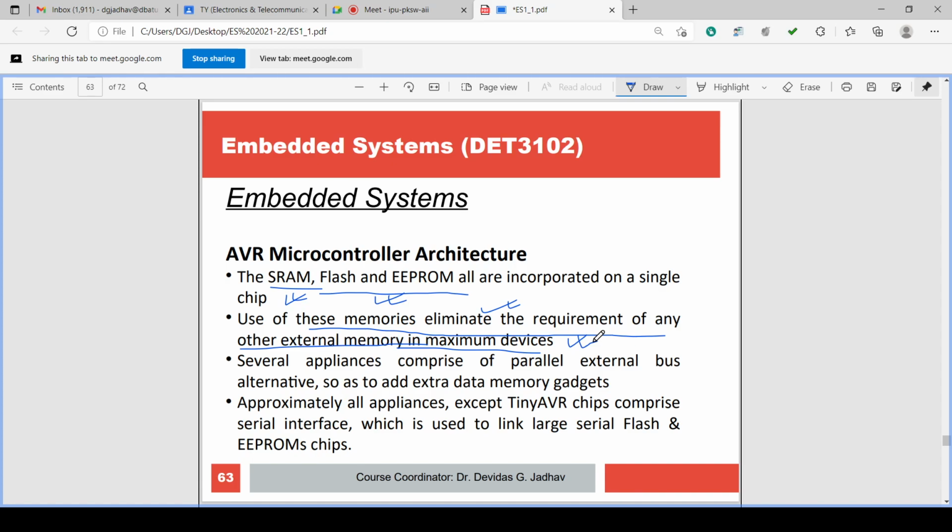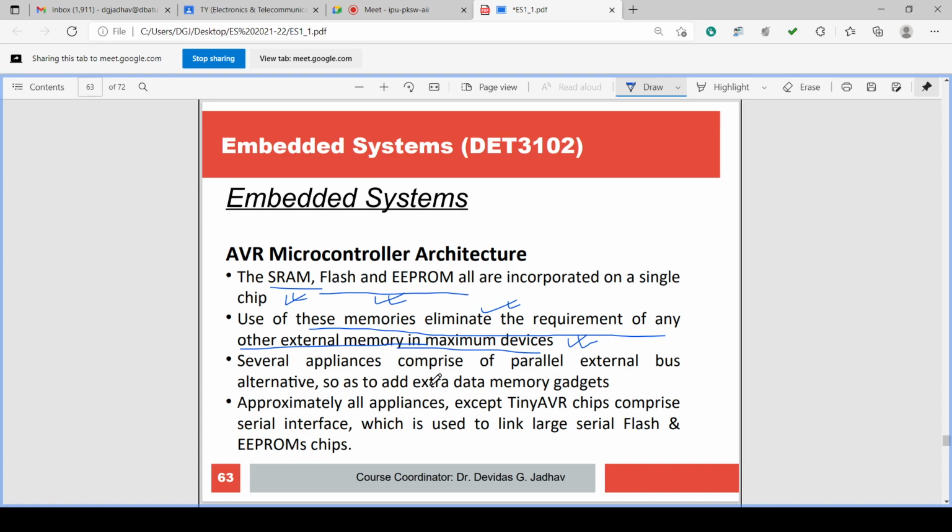Use of external memory is not required because the SRAM, the flash, and the EEPROM are sufficient for writing the program code and data, both.